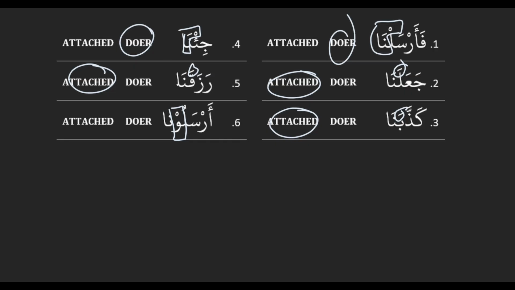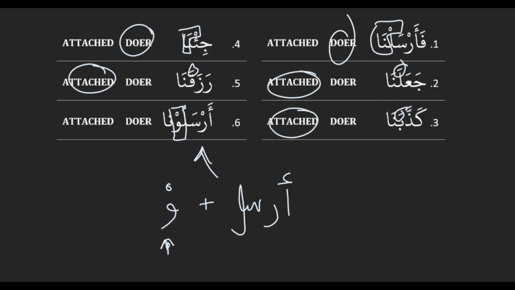And what's the base form? Because you memorize your vocab. The base form is arsala. So on top of the base we have a wow, and everything on top of the base is either going to be a pronoun or an indicator. Obviously there's no pronoun wa, so this is an ending indicator.